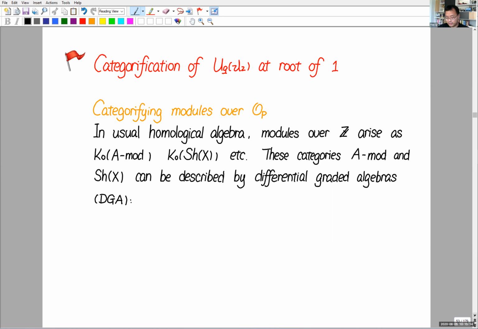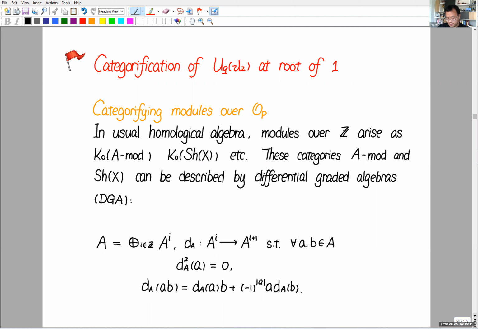So we take the simplest kind, the differential graded algebras, which by definition is a graded algebra equipped with a super differential d_A that raises the degree of elements by 1, such that first off, d squared equals 0, because it's an algebra object in the usual homotopy category of vector spaces.